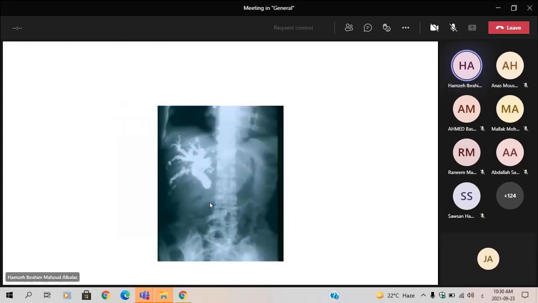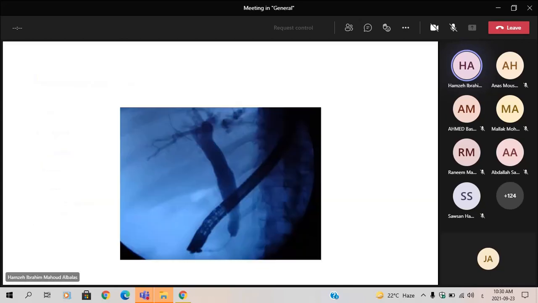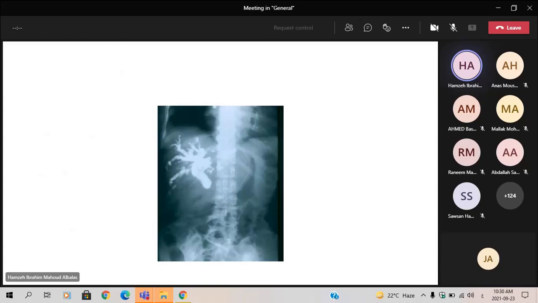Also we can use percutaneous cholangiography, and we see the biliary tree inside the liver, and there are obstruction or stone or sludge.